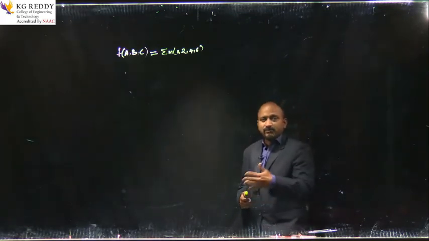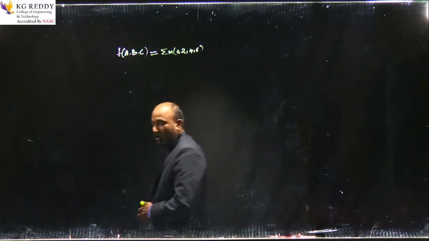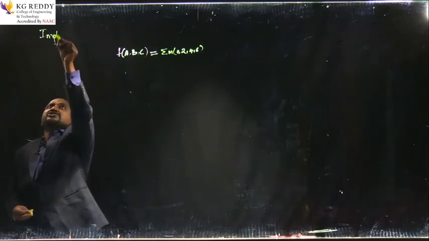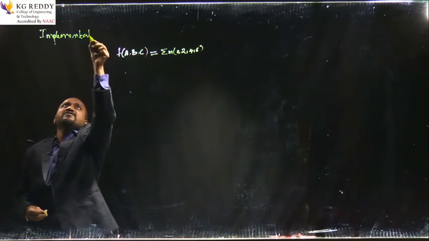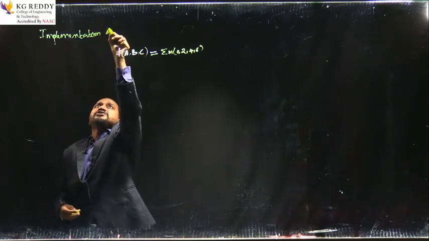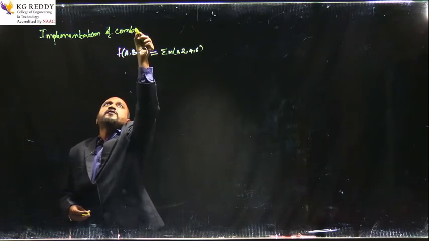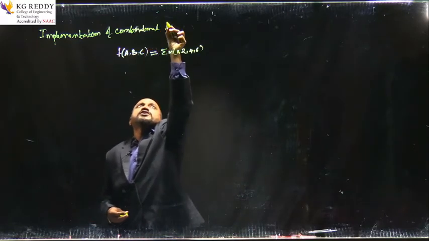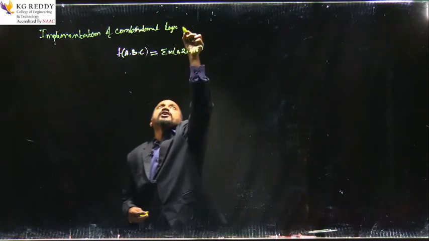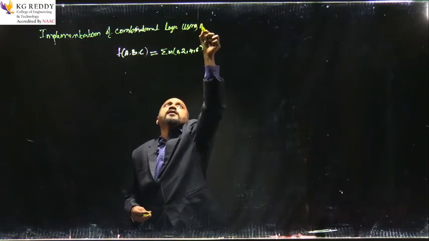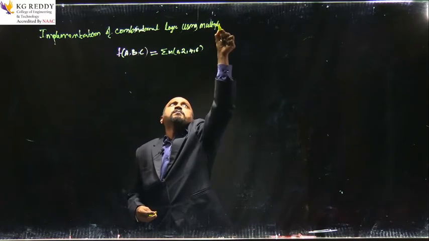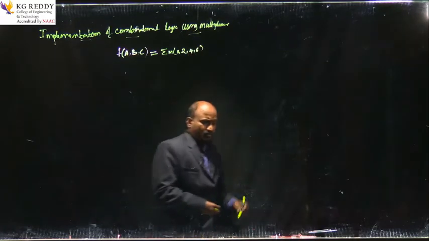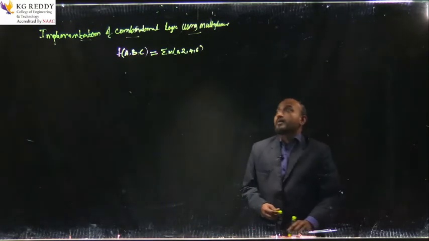Now we are going to discuss, from the exam point of view, implementation of combinational logic using multiplexer. This is a very important topic. Frequently, the University of JNTH asks questions based on this topic.